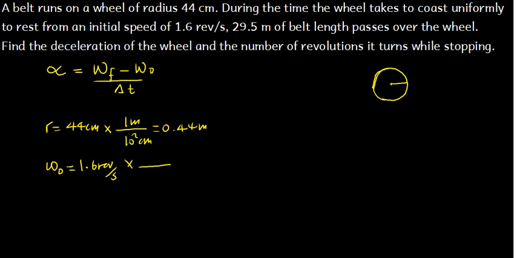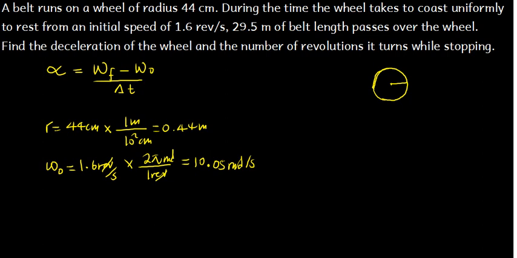We know that in 1 revolution there is 2 pi radians, and so this is going to be 1.6 multiplied by 2 pi. This is about 10.05 radians per second, because the revolution cancels.